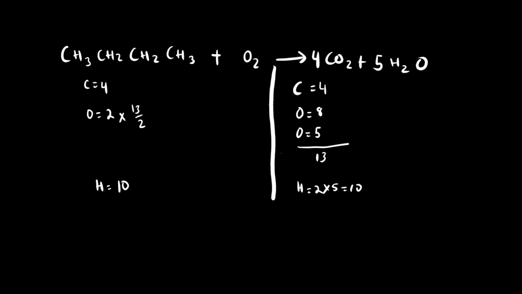However, keep in mind that we cannot have coefficients be fractions. They need to be whole numbers. So although our equation is technically balanced, it can't stay like this for it to be correct. So what we have to do is we need to get rid of this fractional coefficient by multiplying this whole left hand side of the equation by 2.